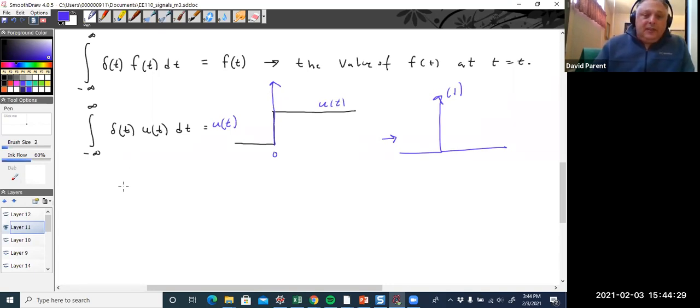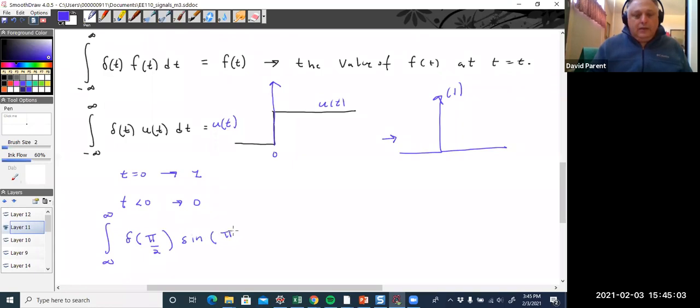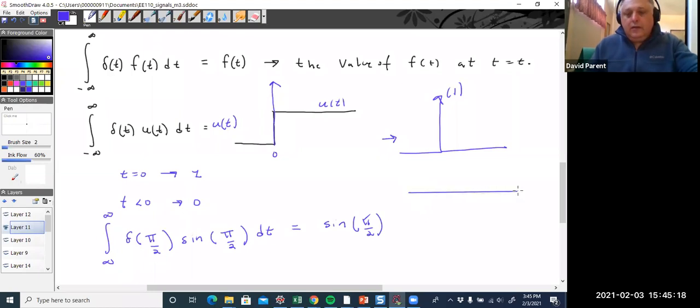So if t equaled 0, this goes to 1. And if t is less than 0, it goes to 0.